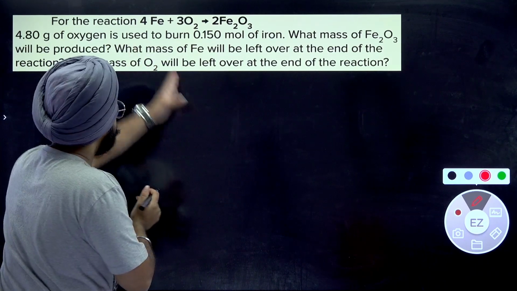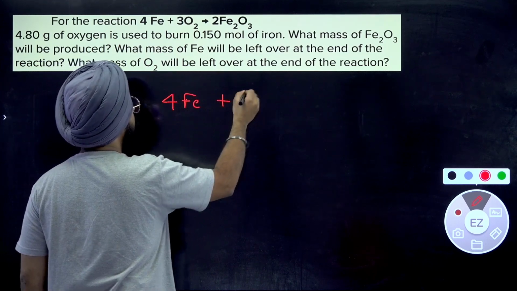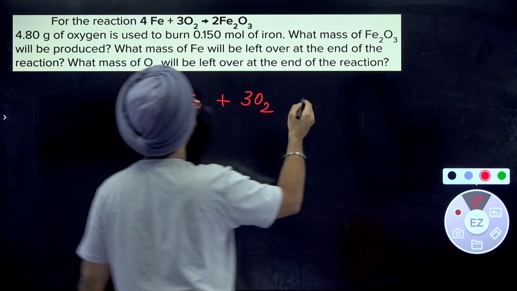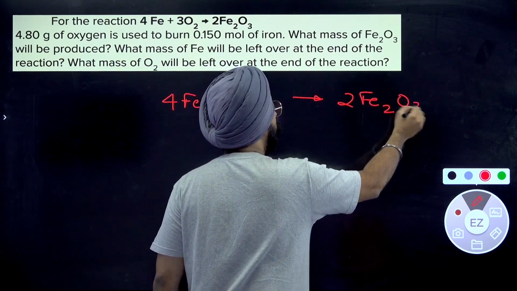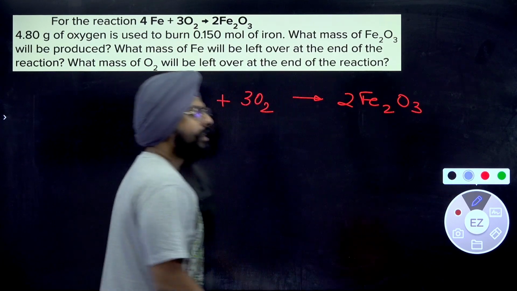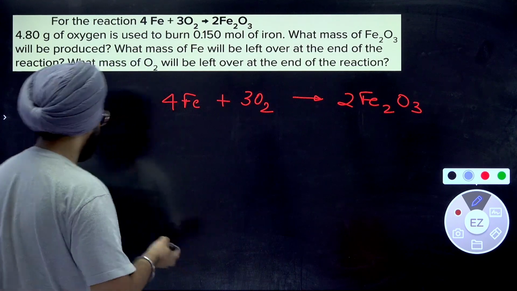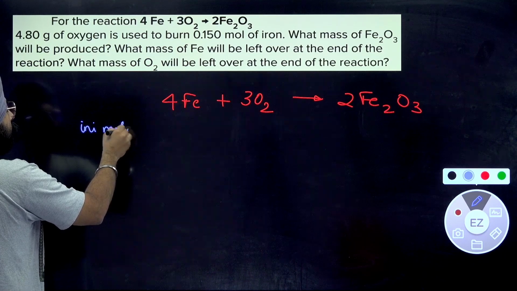Standard. Okay. Let's write the reaction once again. 4 times iron plus 3 times oxygen gives me 2 times Fe2O3. Now, my dear friends, what we need to write down is the initial amounts present. And we have to write that in number of moles.